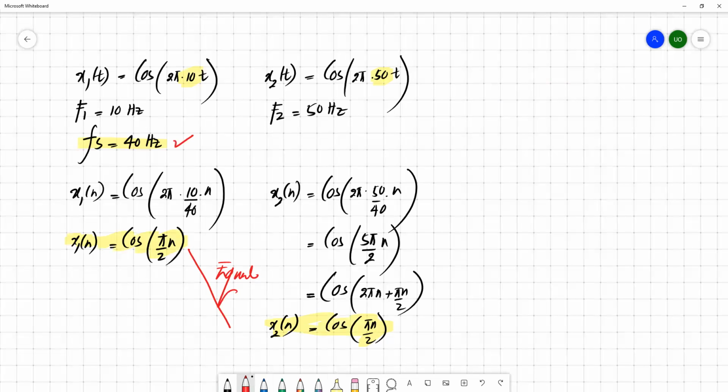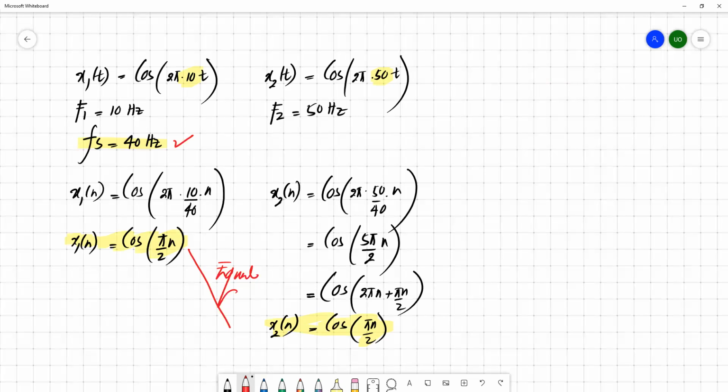If you plot them using whatever software, you can see that both signals exactly overlap. So we proved it here. By looking at these two discrete signals, we cannot claim whether this signal was derived from the 10 hertz signal or the 50 hertz signal.